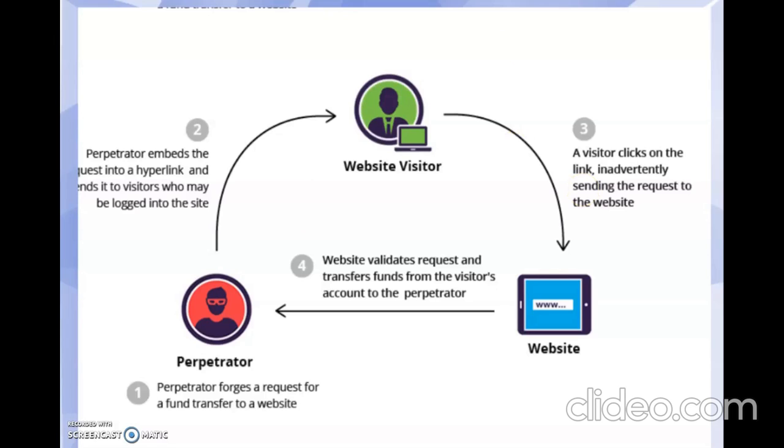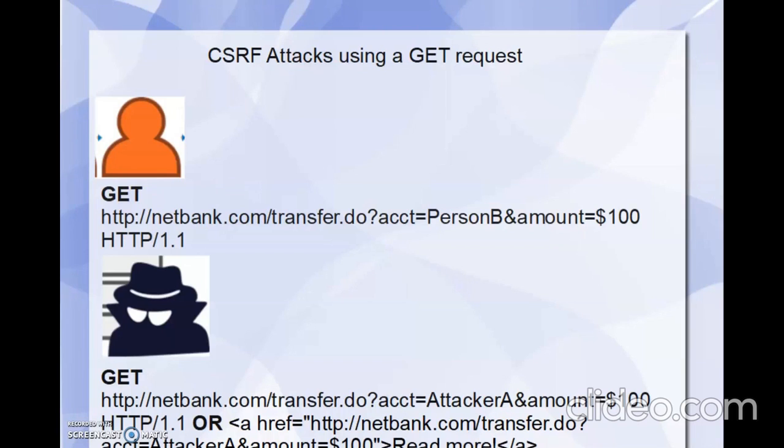Now, from a technical perspective, let's see how that can be done. The hacker has to have studied the application. Here we can see a CSRF attack using a GET request. This is a GET method with your service endpoint and the request parameters: the account equal to person B, the authenticated user's account, and the money, that is $100.